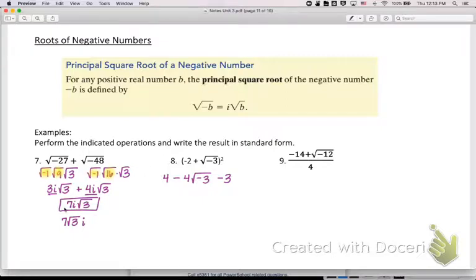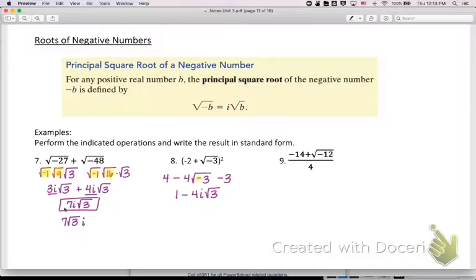And to simplify from there, we get 1 minus 4i root 3. The i comes from this negative right here. Okay? And that would be our answer. The 4 minus 3 is where the 1 comes from.